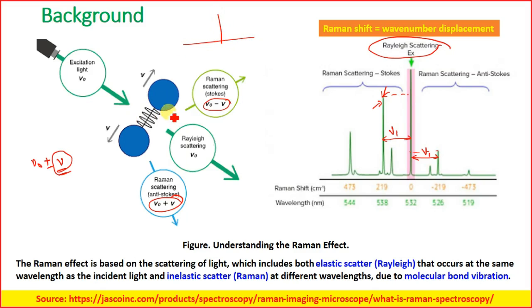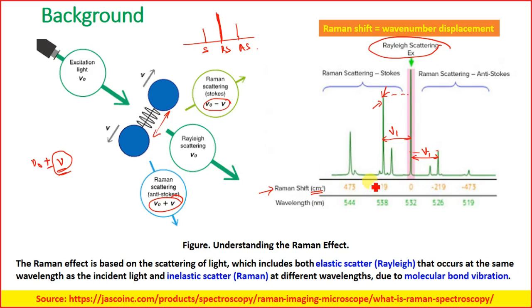Now for a diatomic molecule, there is only one type of movement. They are vibrating. For a diatomic molecule, you will have three spectral lines: one is Rayleigh scattering, one is the Stokes line, and the other is the anti-Stokes line. Now, the Raman shift is given in centimeter inverse.